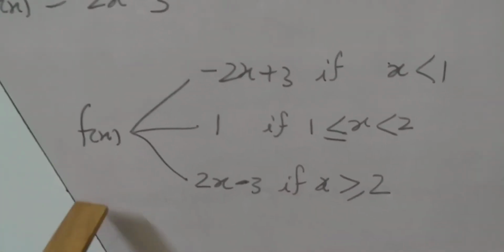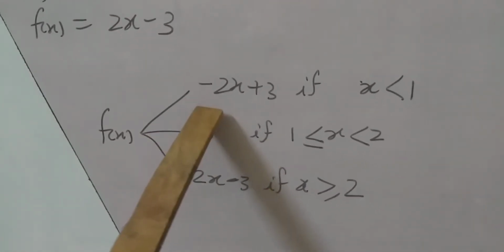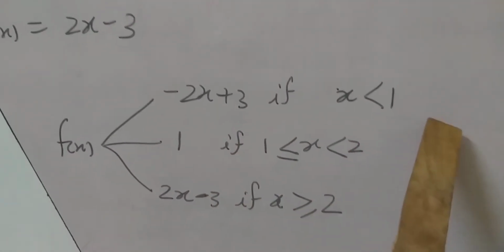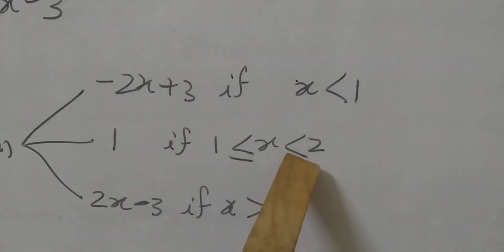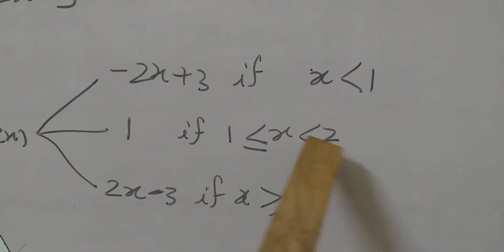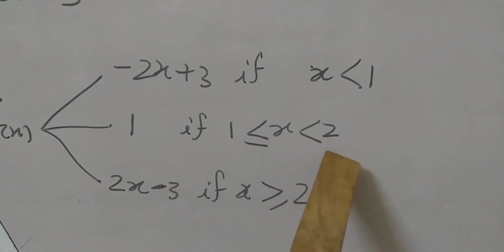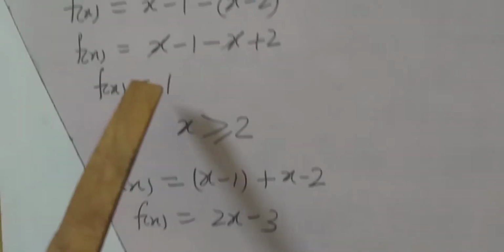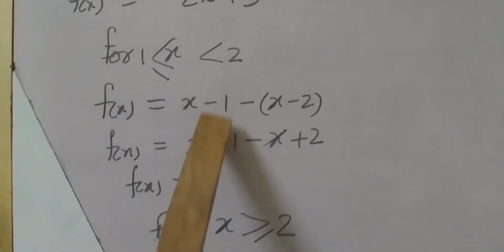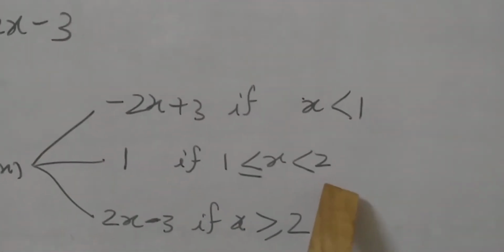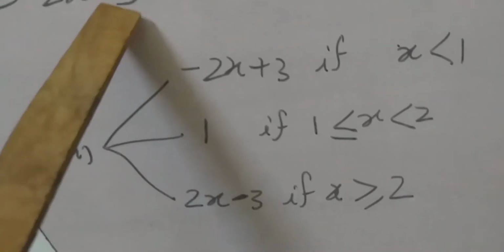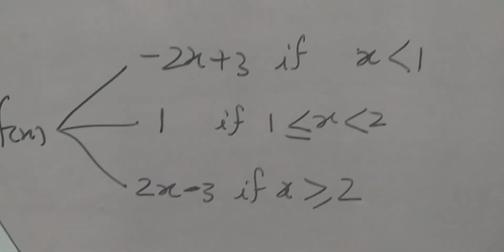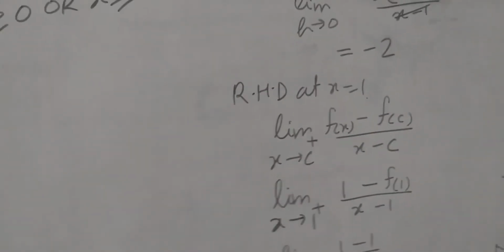So there are three conditions. f(x) = −2x + 3 if x < 1; f(x) = 1 if 1 ≤ x ≤ 2; and f(x) = 2x − 3 if x ≥ 2.